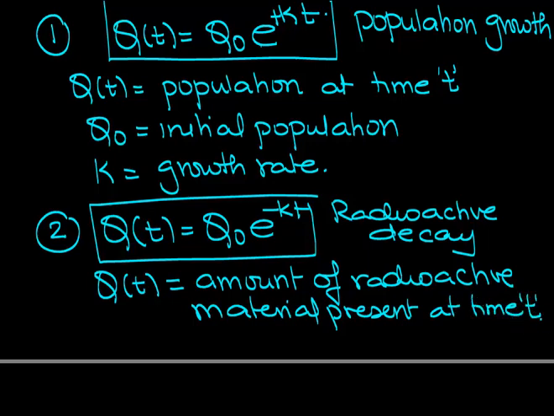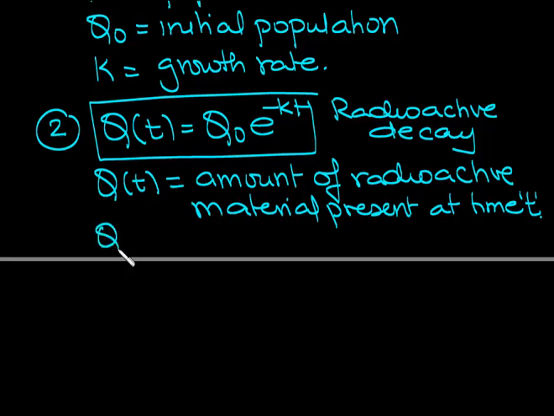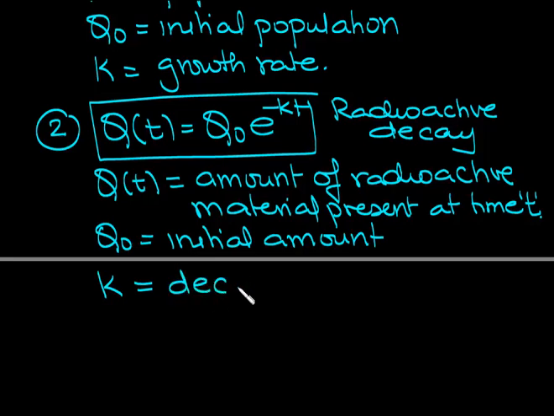Okay, and Q naught is the initial amount, how much you started with, and k is the decay rate, how fast it's decaying.